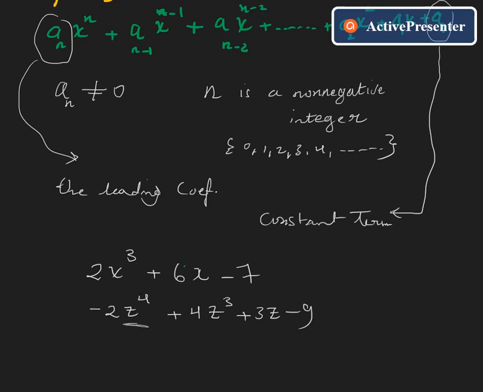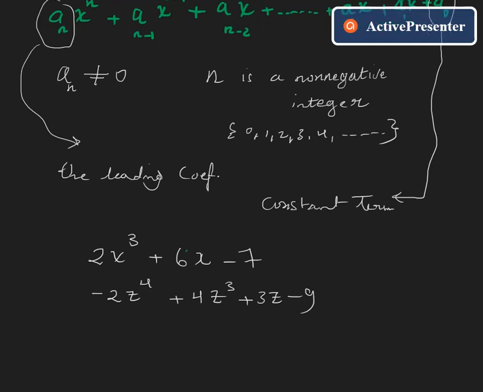Here the degree is 4, here the degree is 3, and here the degree is 1. So we are decreasing from 4 to 3 and 3 to 1 up to 0, of course, which is here 9, a constant multiplied by z to the power 0. So you are decreasing from the highest degree to the lowest degree. Also, an is not equal to 0, or the leading coefficient is not equal to 0.